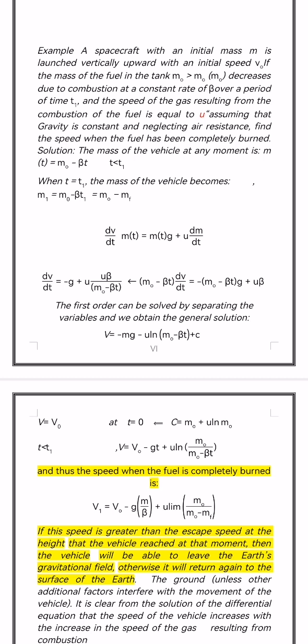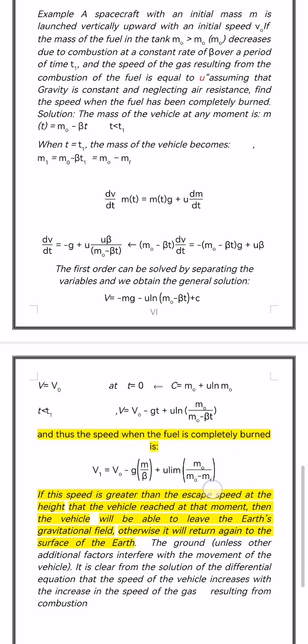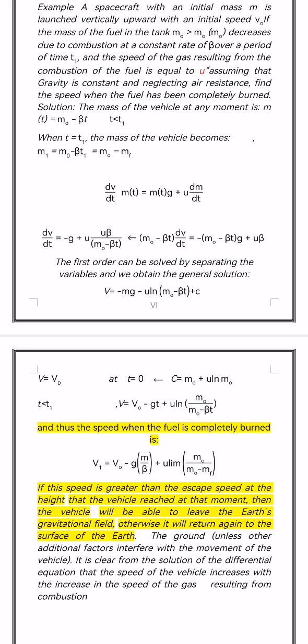The first-order equation can be solved by separating the variables, and we obtain the general solution v equals minus g t minus u ln of m naught minus beta t plus c. With v equals v naught at t equals 0, that gives us c equals v naught plus u ln m naught.